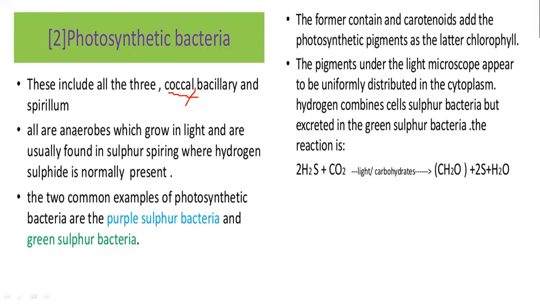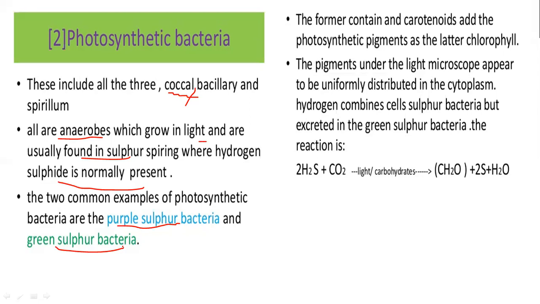All are anaerobes which grow in light and are usually found in sulfur springs where hydrogen sulfide is normally present. Very important, two examples of photosynthetic bacteria are purple sulfur bacteria and green sulfur bacteria.